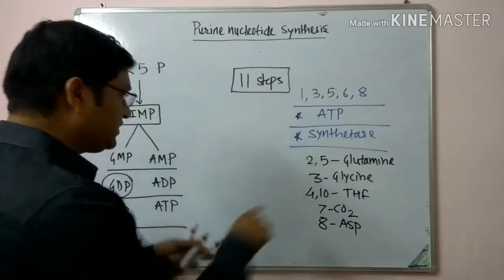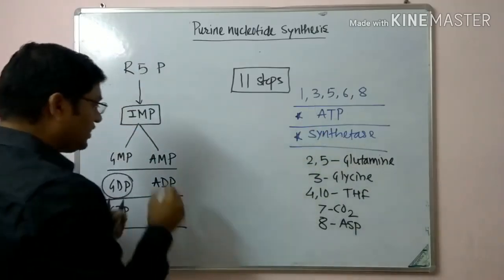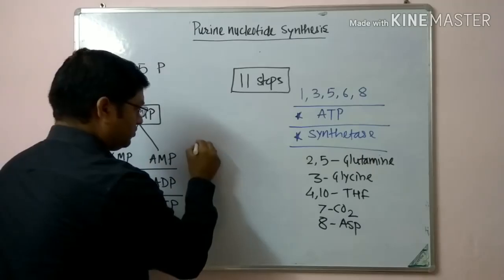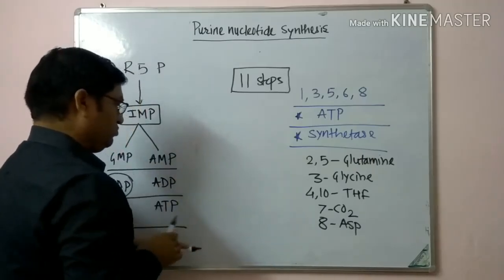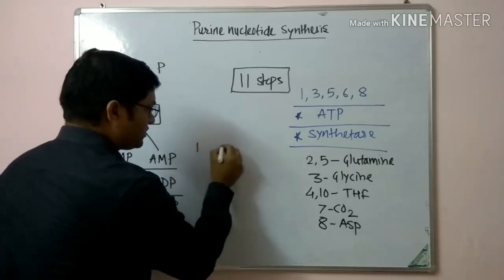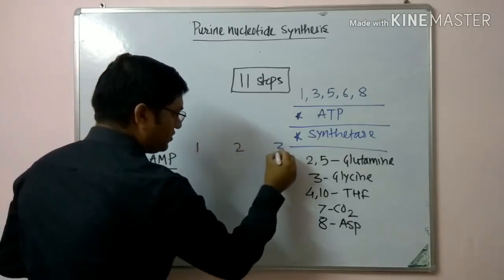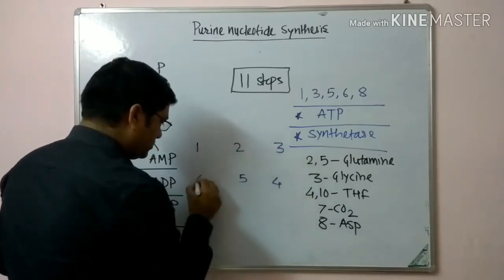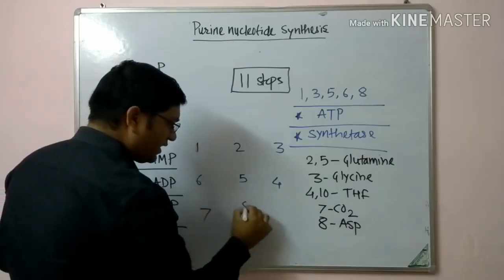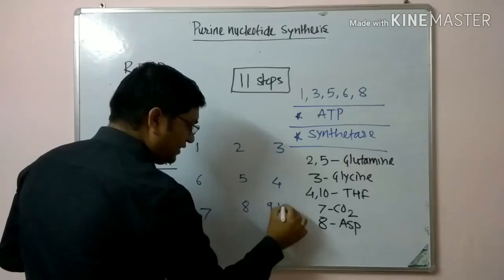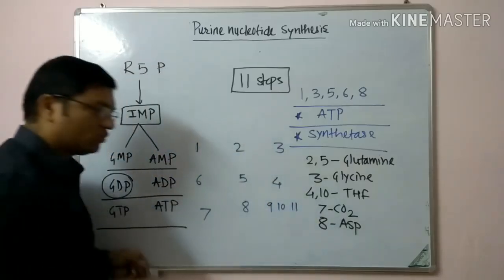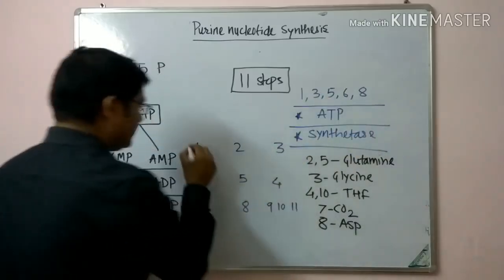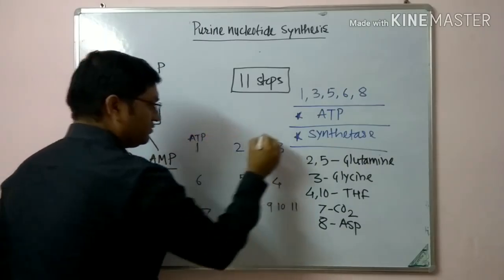So summarizing this, there are a total of 11 steps: first, second, third, and now write down 4th, 5th, 6th, 7th, 8th, 9th, 10th and 11th. Reactions 1, 3, 5, 6, 8 require ATP.